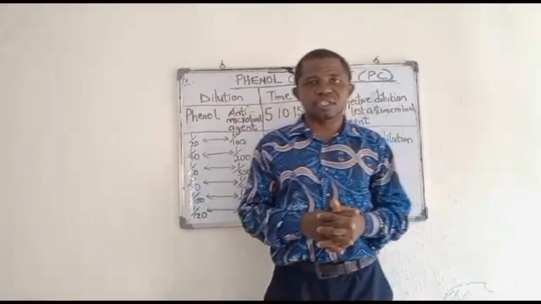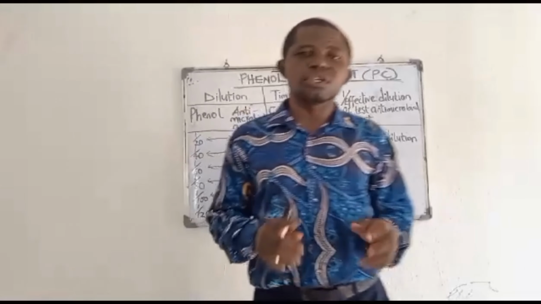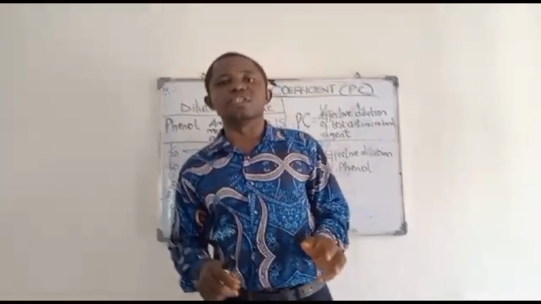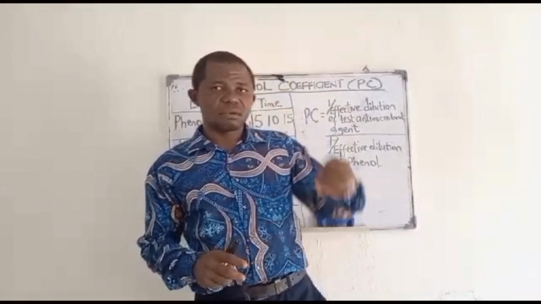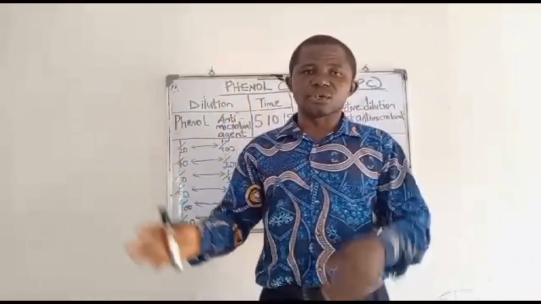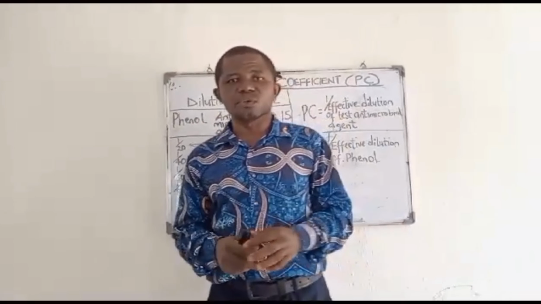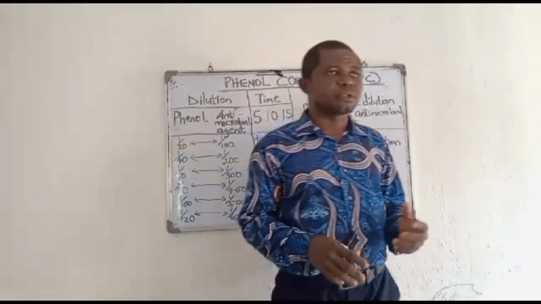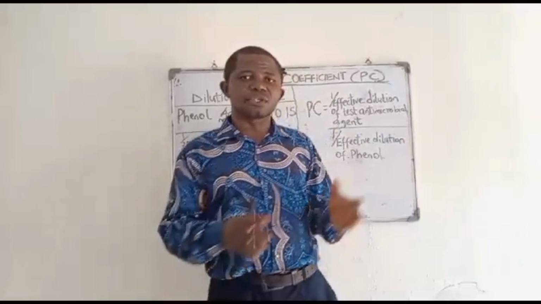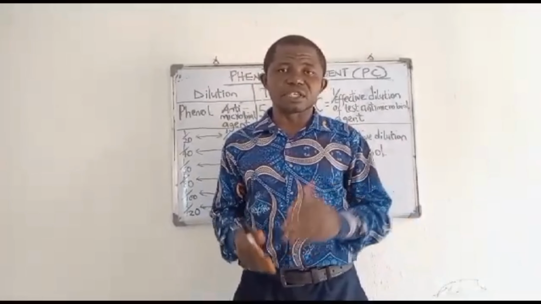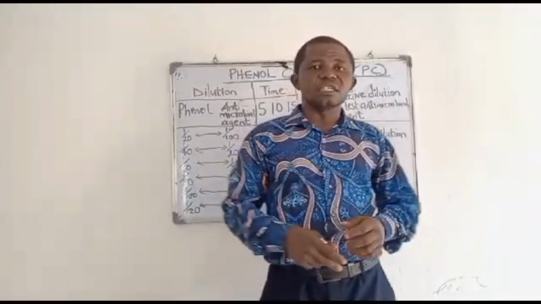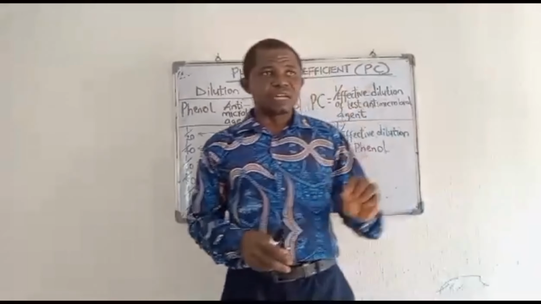on the choice date. Growth is evaluated using turbidity index. Turbidity means cloudiness. So cloudiness means there is growth, no cloudiness means there is no growth. After growth is evaluated, the results are recorded or tabulated.